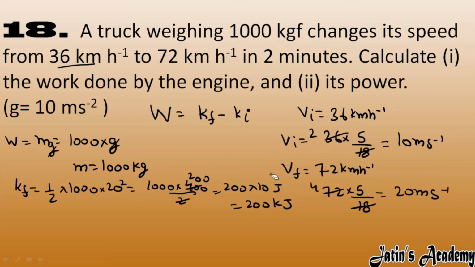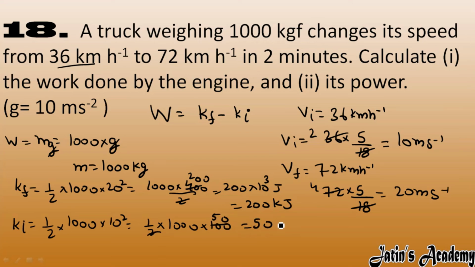Clear? Now we have to calculate initial kinetic energy. Initial kinetic energy we have half, mass 1000, and velocity we have 10 square. So 10 square is actually 100. So 100 cancels out with 50. So 50 into 10 raised to power 3 joule, which is 50 kilojoule.